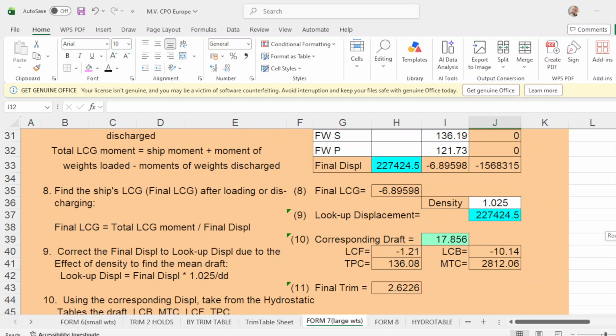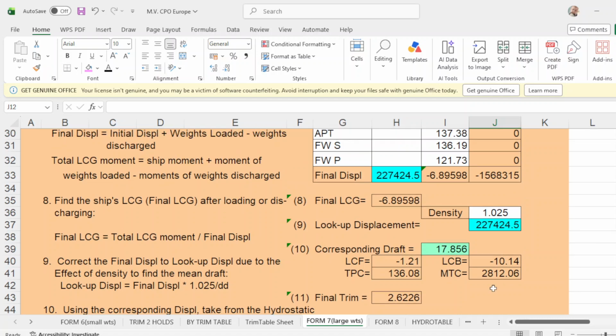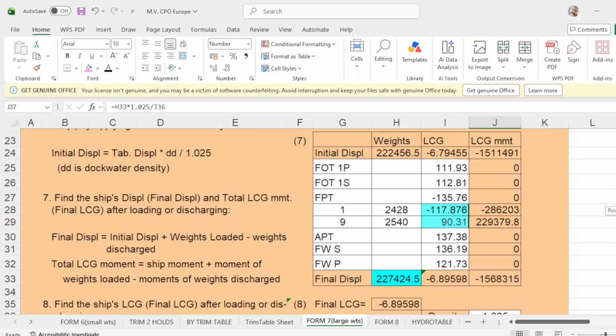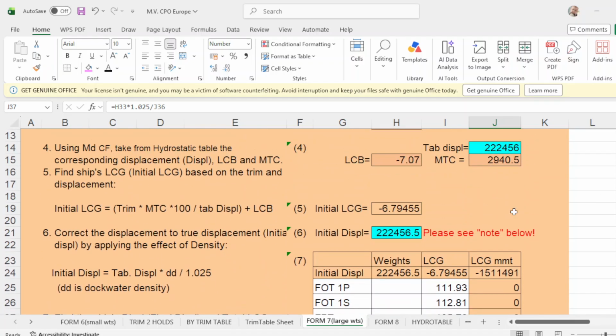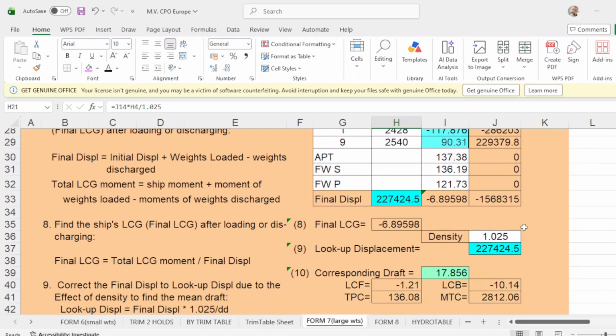I will check this. Let me check this one. I think it's correct. Baliktad ata. Let me check. Tama. 14J14. Okay, this one.